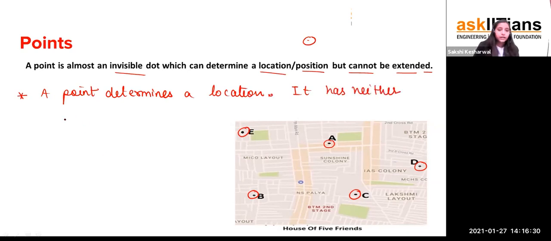It has neither length nor width. Length is this, width is like this, and height, like when I'm standing, this is the height. So it has neither length, nor width, nor height.